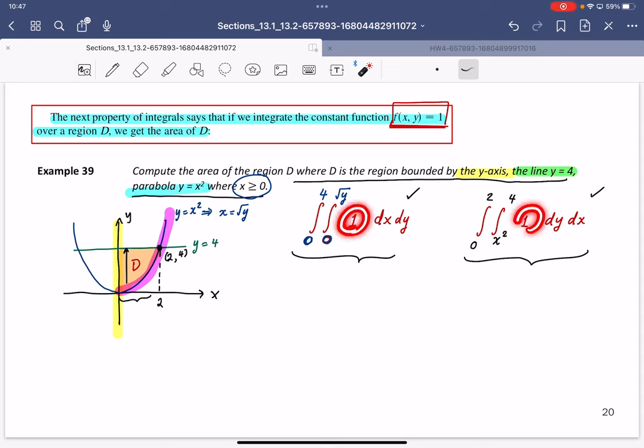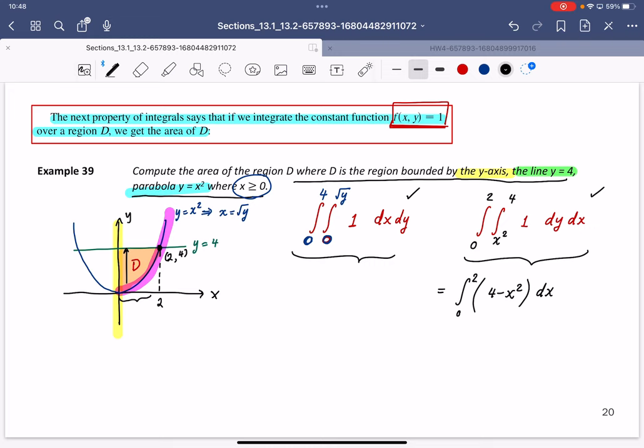And then now you can compute the region by plugging it in here. Let's suppose that I hate this one because I don't want to integrate with a square root sign. So I probably do this one. This looks easier to me. So 0 to 2, this is 4 minus x squared dx.